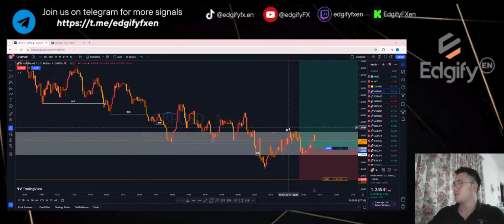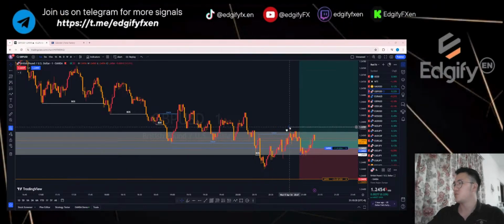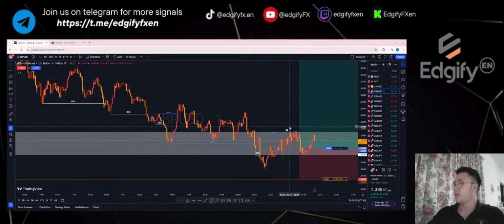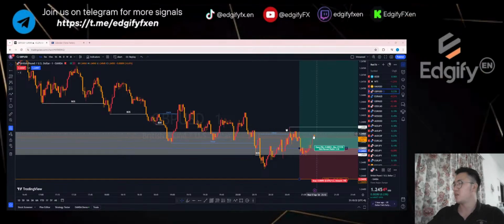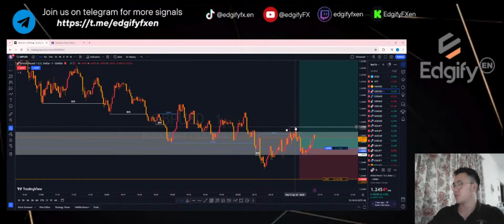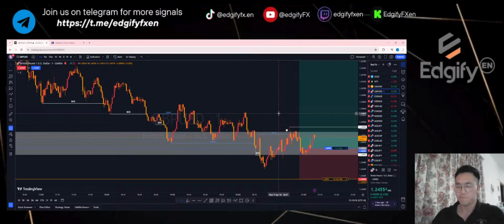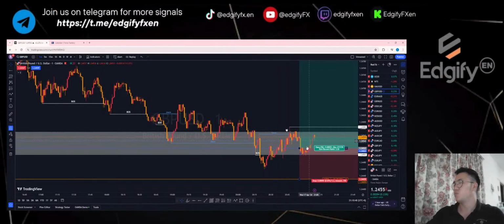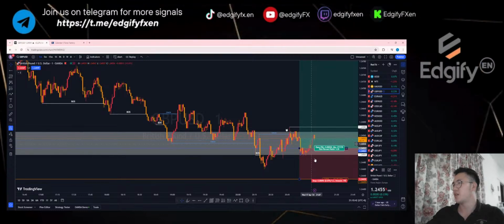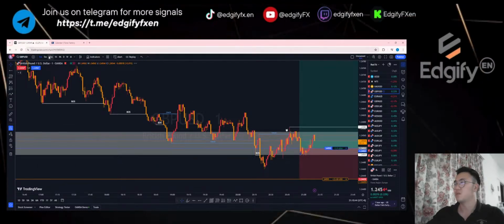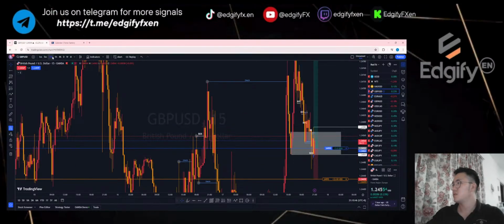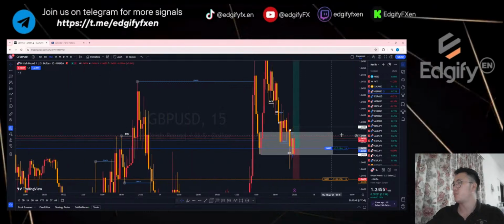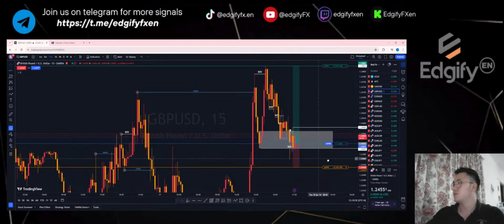But I'm setting it here because I know the price has reached this level, and I will set a break even and wait for the price to break this level. If the price can't break this level, then it will definitely show that the price will move further down. So I will wait until I see the break at that level.